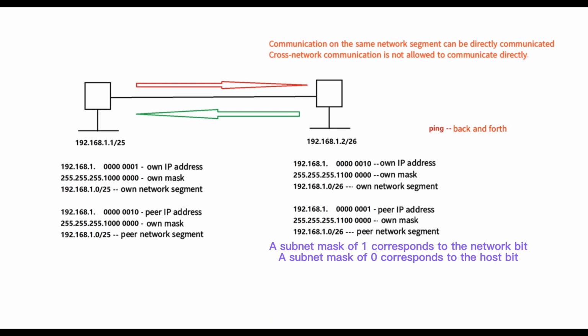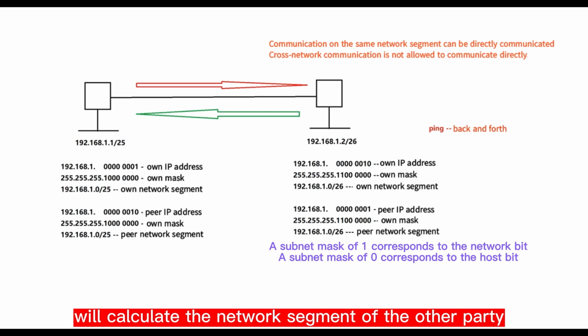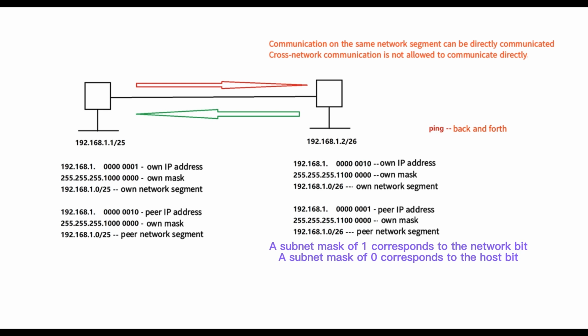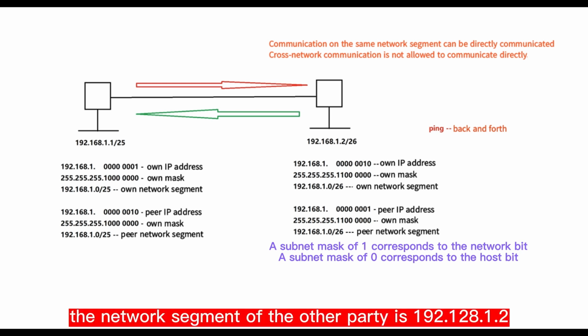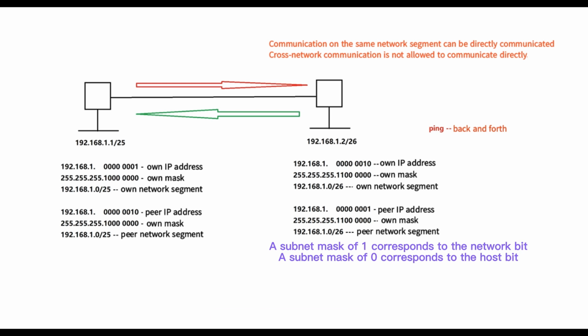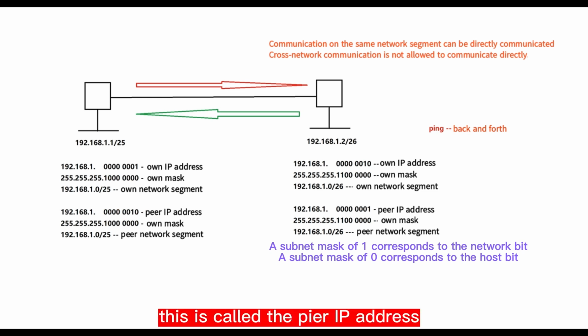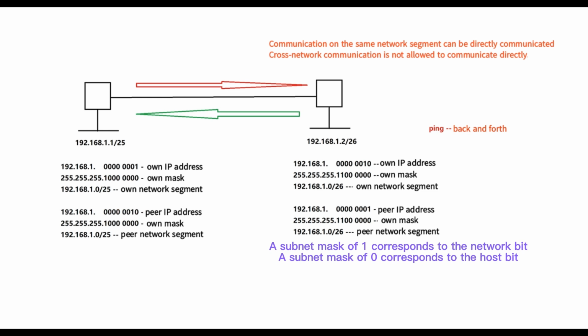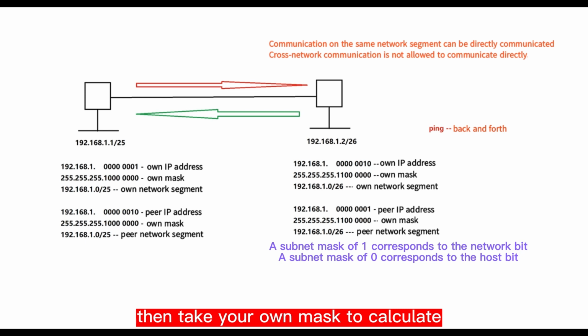Next, PC1 will calculate the network segment of the other party. The other party's address is 192.168.1.2. Then 1.2 here is 10 in binary. This is called the peer IP address. Then take your own mask to calculate.